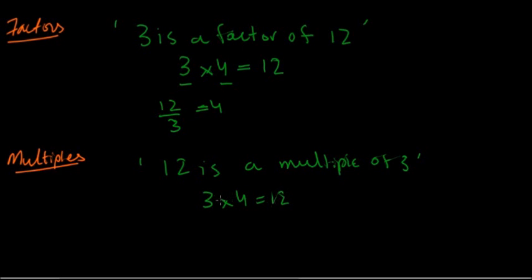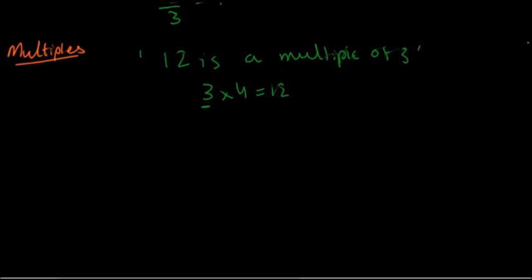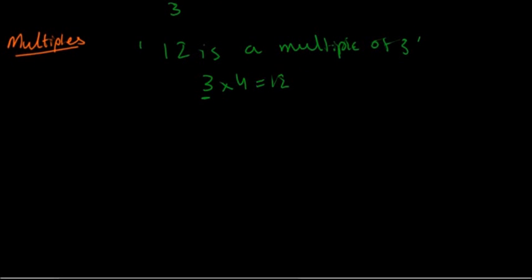So in a way, a multiple of 3 is something that comes in the table of 3. So we know 3 times 4 gives you 12. So 3 is a factor of 12, but 12 is a multiple of 3. Similarly, 12 is a multiple of 4 also, because it comes in the table of 4 too. Okay, let's look at an example to get this concept pretty cleared up.